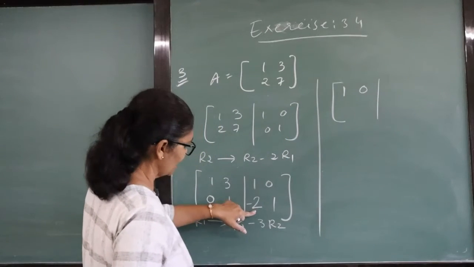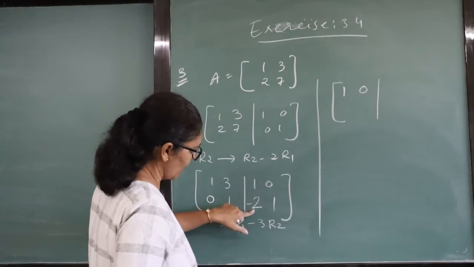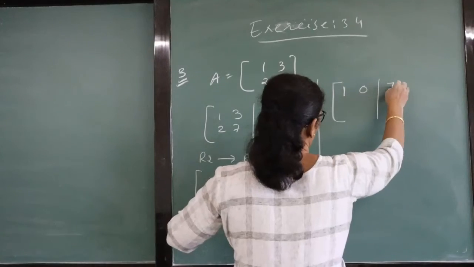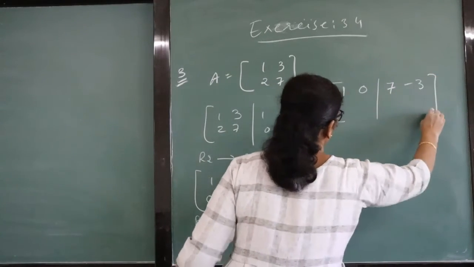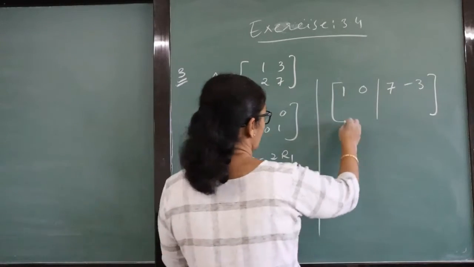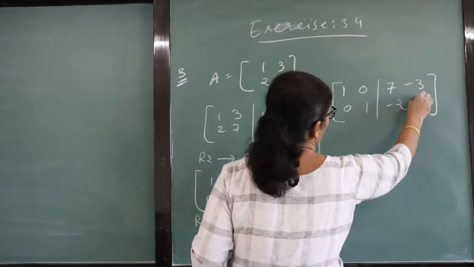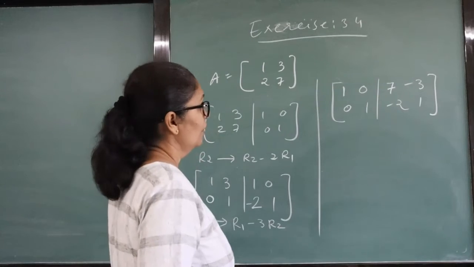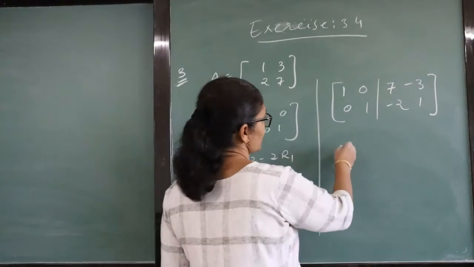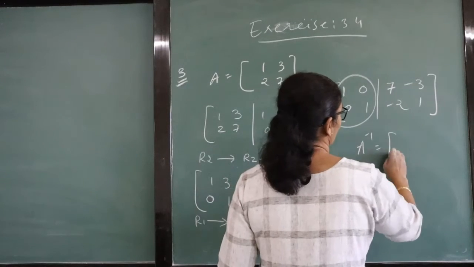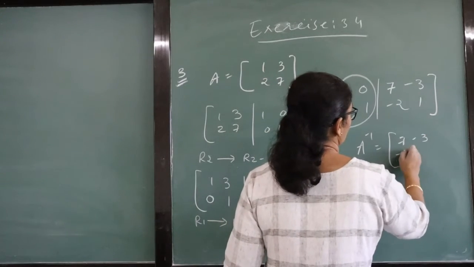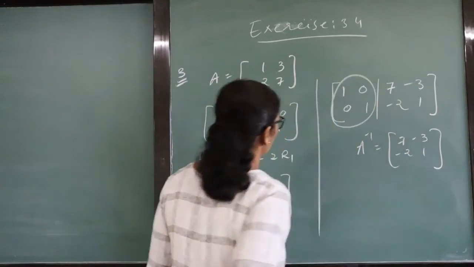Same way multiply minus 3 means 3 2s are 6, minus minus plus and 1 7. Multiply with minus 3 and add in 0. So let's see. Now keep as it is 0 1 minus 2 1. Now you can check what we get, that is identity matrix here. So your A inverse will be 7 minus 3 minus 2 and 1.